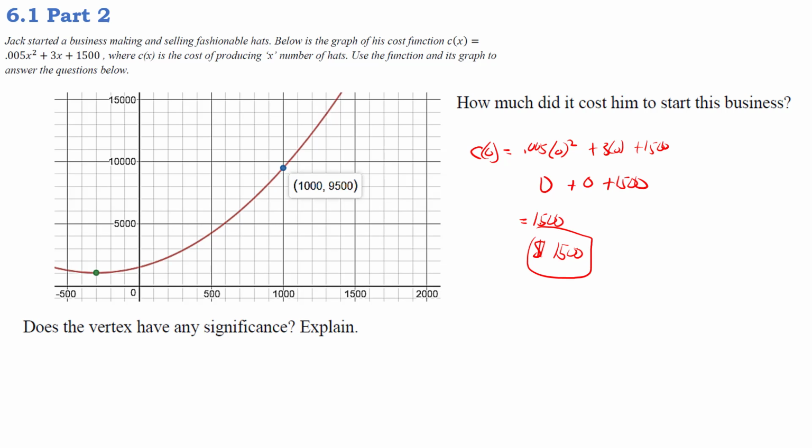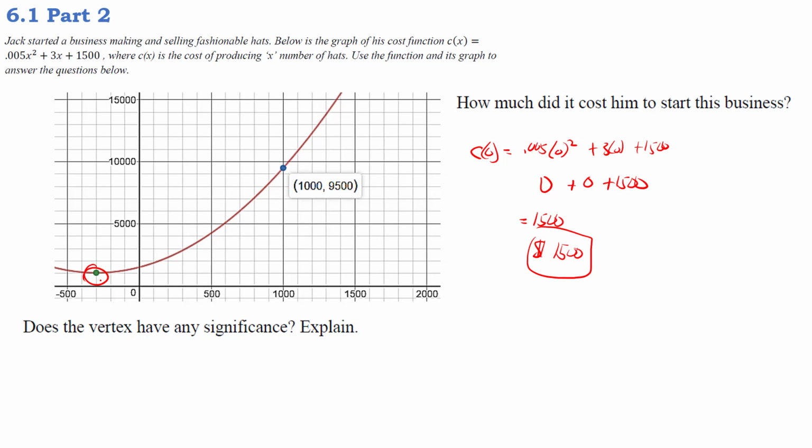And does the vertex have any significance? And explain. So the vertex, as we're talking about this point right here, the vertex. In other words, let's say that's negative, what, 300? Negative 300 hats? In which case it would cost 1,000.